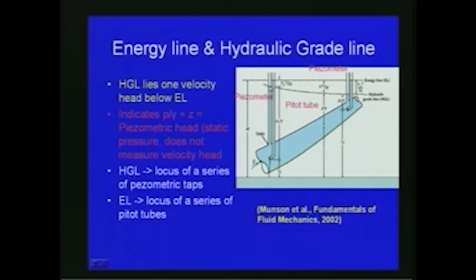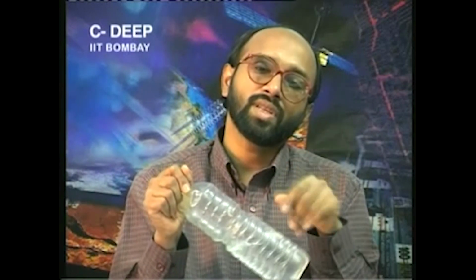So this gives the piezometric head at section 1, and at section 2 it is p2 by gamma plus z2. The hydraulic gradient line is actually the locus of a series of piezometric taps. So at different locations along the pipe, we find the piezometric head, that is the pressure head plus the datum head.